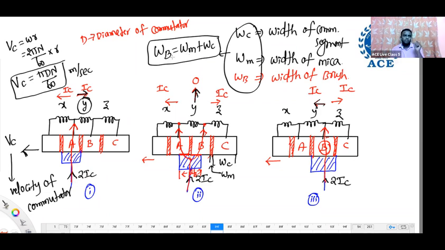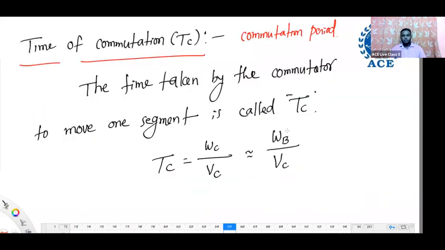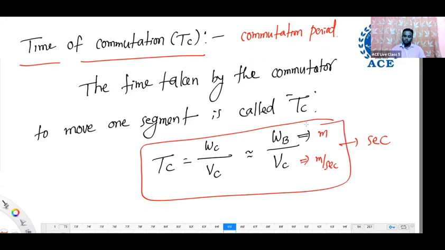But mica insulation is very small, 0.5 to 0.8 mm, so negligible. That's why, if you neglect it, approximately you can take this. Width of the brush is in meters and velocity is in meters per second, so you will get time of commutation in seconds. So this is the formula for TC. You can find TC using these parameters.